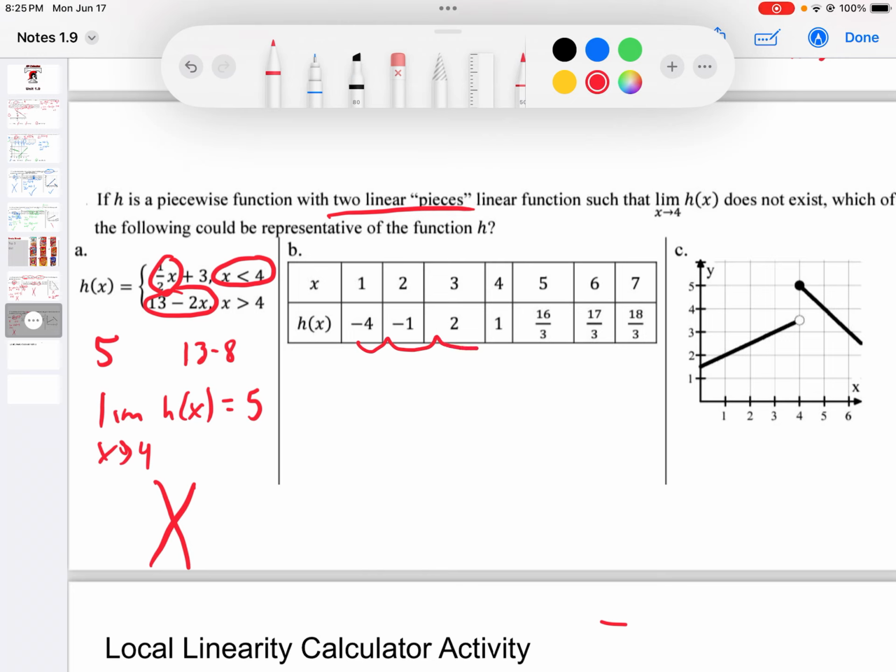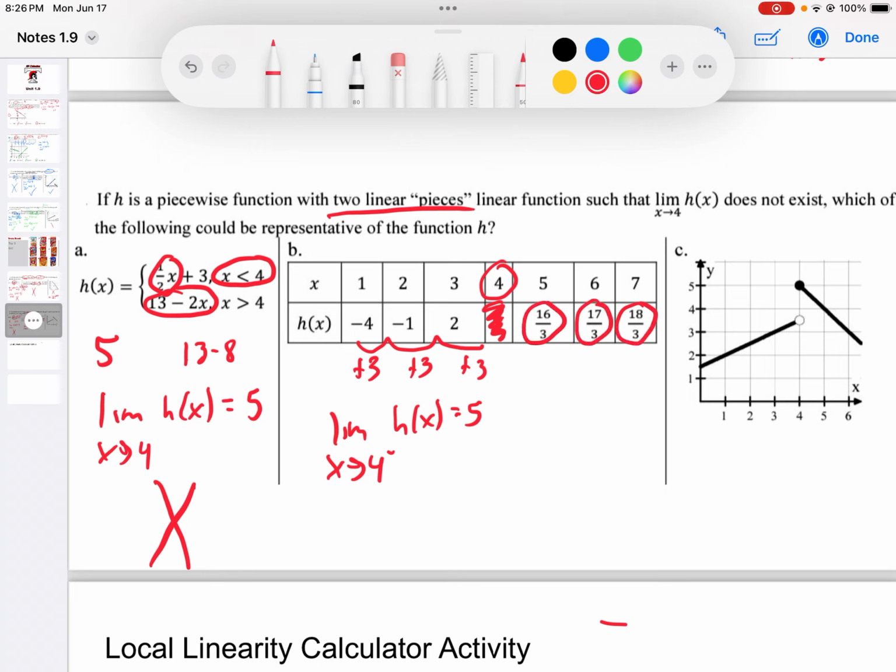It looks like these are going down by, it's all about 4, right? Don't care what the actual value is at 4. What's happening to the y values around 4? It looks like up by 3, plus 3, plus 3. So at 4, it looks like these y values are getting closer. So maybe 5? So the limit as x approaches 4 from the left of h of x is equal to 5.